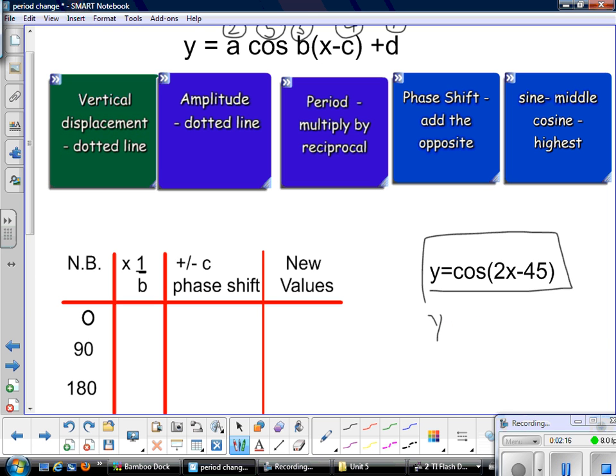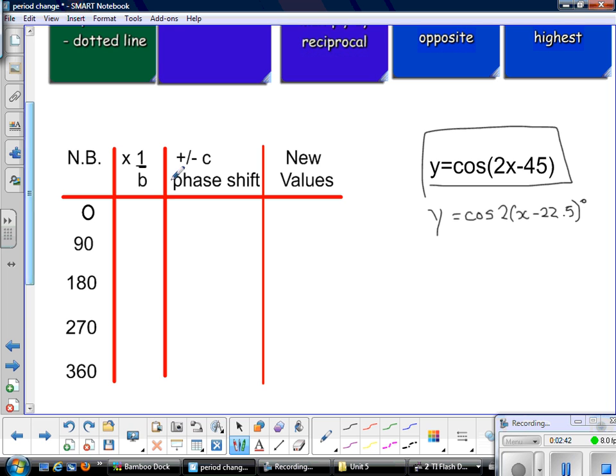So I would have y equals cos 2 bracket x, and when I divide 45 by 2, I end up with 22.5. And that's all degrees.